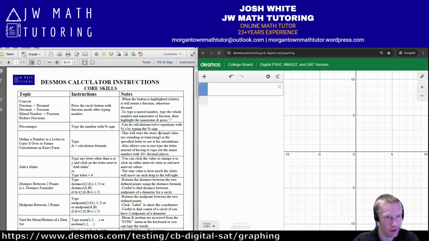The next thing here on the worksheet is a very, very important core skill to be aware of. And this is the idea of basically defining a number as a letter in order to carry it over for future calculations in exact form. So what I mean by this is this will take a decimal that you get, the full decimal answer with no rounding or truncating, and it will store it in whatever letter you tell it to.